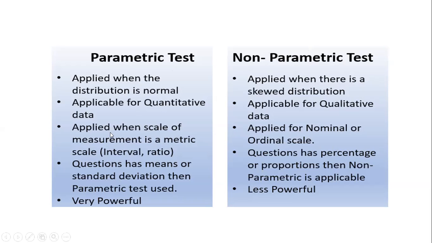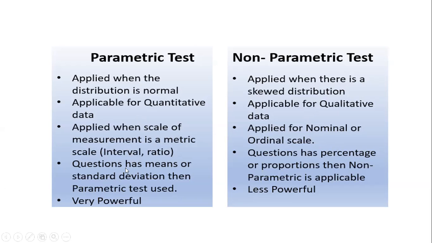In a parametric test, you can apply it when the scale of measurement is metric, interval or ratio. For example, if you want to test the mean, you can go for a parametric test. But in a non-parametric test, we use it if there are nominal or ordinal scale data. For example, if you are going to test the median, we use a non-parametric test, right?